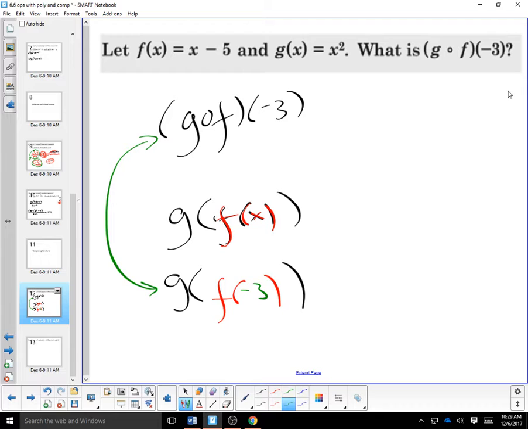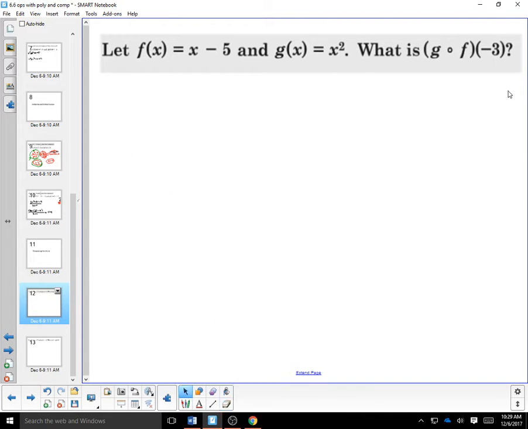If you want to know which one the main one is, start from the left, just like we read our books, right? Left to right. So the main function is g. What goes into g? f. And then once I have that, what goes into that? -3. So same thing here. g of f of -3. It looks bad, but it's not. So let's find, this wants us to find g of f of -3.